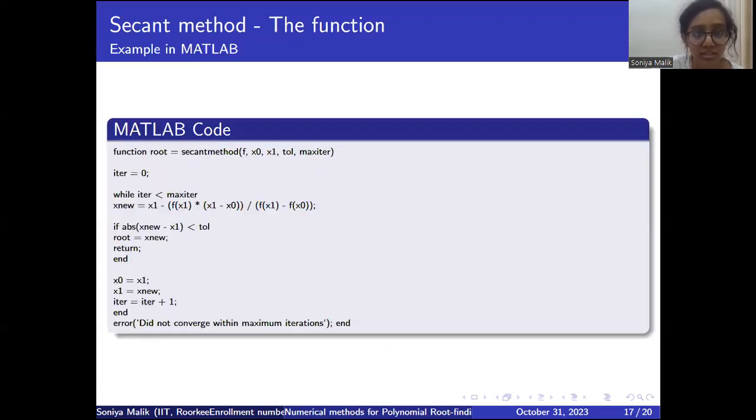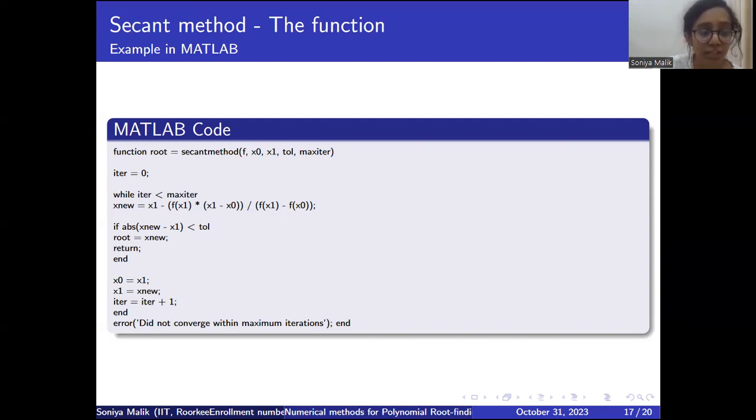So next we have the function for the secant method. We have the variables f, x0, x1, tolerance, and maximum iteration. First we set iteration equal to 0. If iteration is less than maximum iteration, we will have this formula as we discussed. x_mu is equal to x1 minus f(x1) into (x1 minus x0) by (f(x1) minus f(x0)).